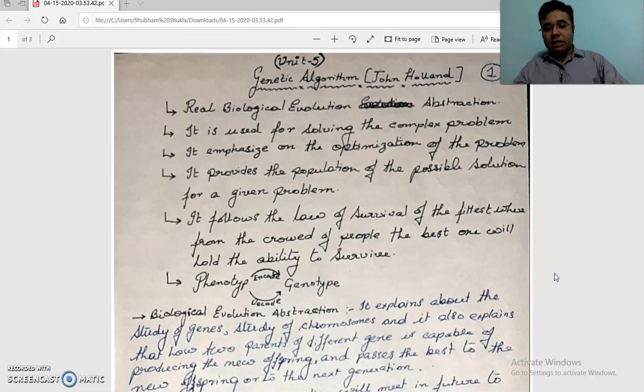Now this is divided into two types. First is phenotypes and second is genotypes. When we apply input, the input is encoded to form a genotype. Phenotypes and genotypes are two terms we use in machine learning, where phenotypes stand for raw data and genotypes stand for processed data.